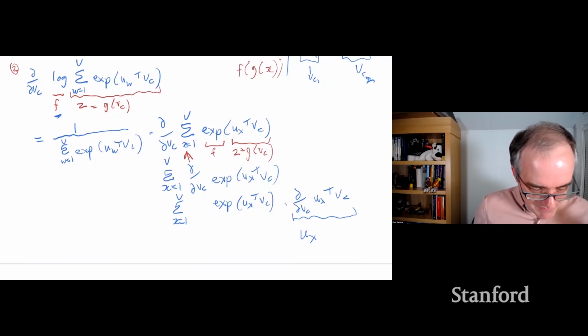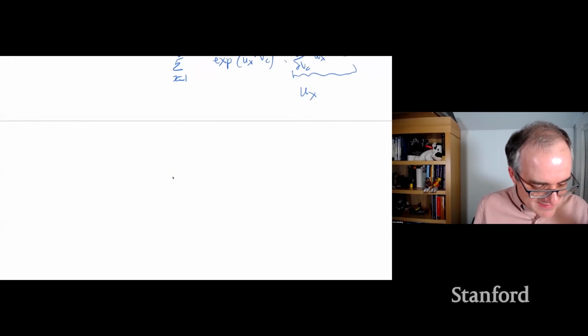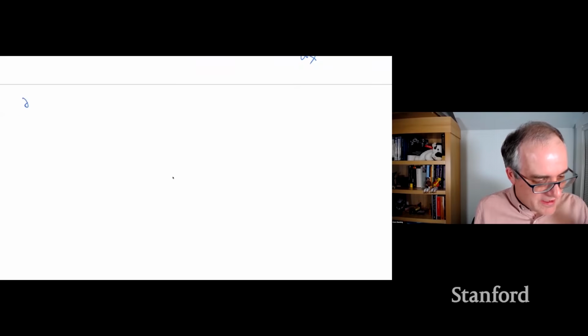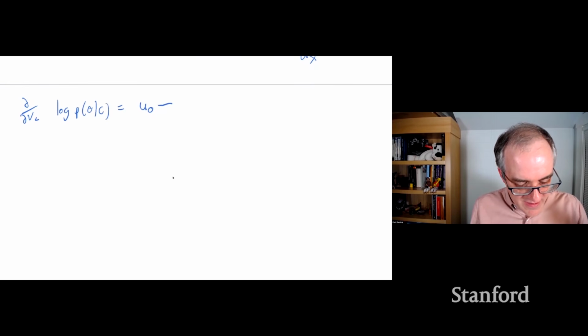So if we start putting all of that together, what we have is the partial derivatives with respect to VC of this log probability. We have the numerator, which was just u0, minus the sum over x equals 1 to V of exp of u_x^T vc times u_x.